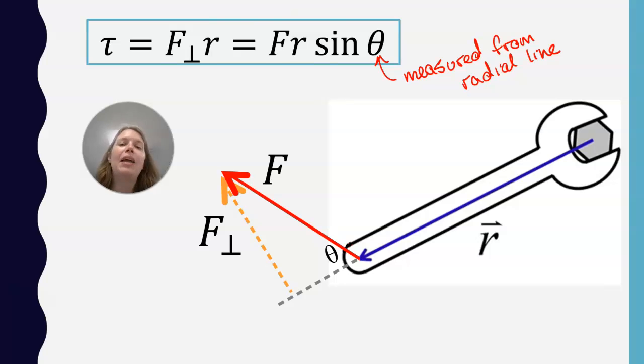Really, I don't often use F r sine theta because I just check myself: is this the perpendicular component of that force? Sometimes sine theta isn't going to work out if they don't give us the angle measured from this radial line upward.